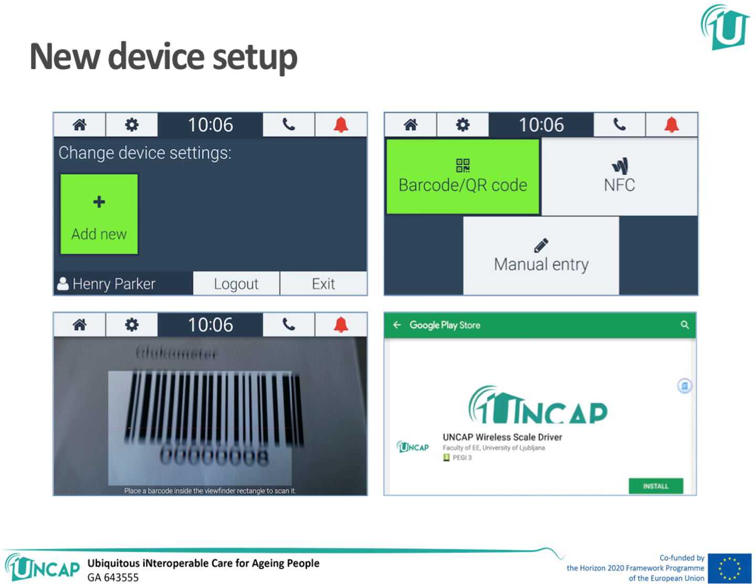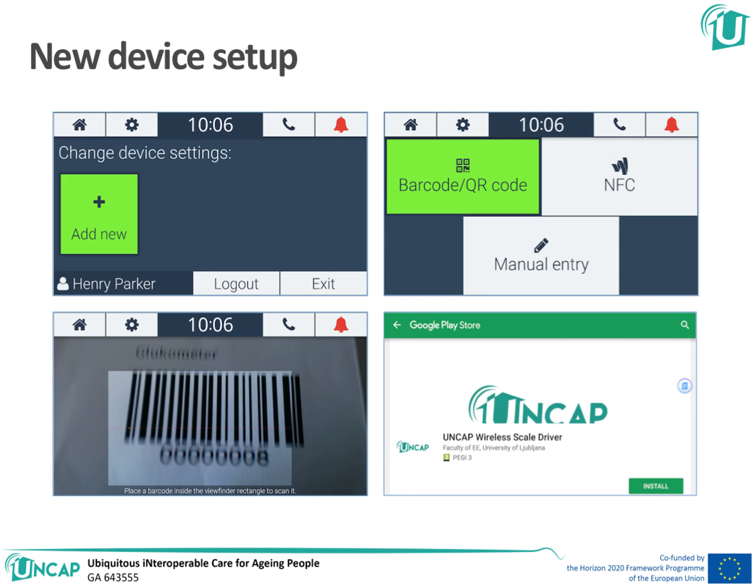Now, when a new driver is certified and inserted into our catalog, it can be added on any device. And here's the procedure of how that might work. In the settings menu, we add a new device, and then we have an option to either scan a code, barcode, QR code, scan the NFC tag, or enter the data manually.